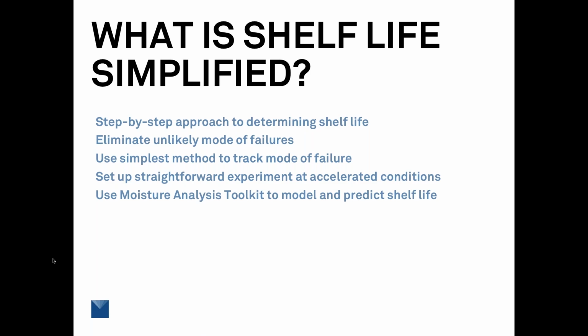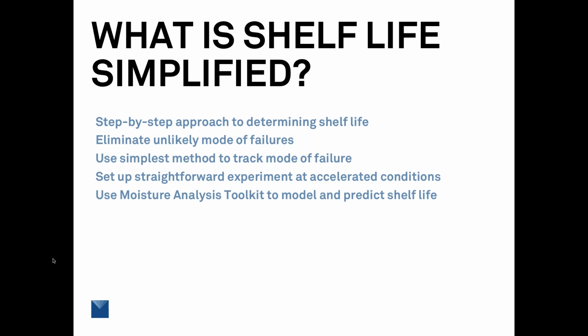And typically we will try to do these accelerated conditions, understanding the challenges and potential pitfalls that can come from accelerated shelf life testing, especially if your accelerated conditions cause the product to change its matrix type, for instance, going from a glassy to a rubbery state. So there are things to consider when using accelerated shelf life testing.